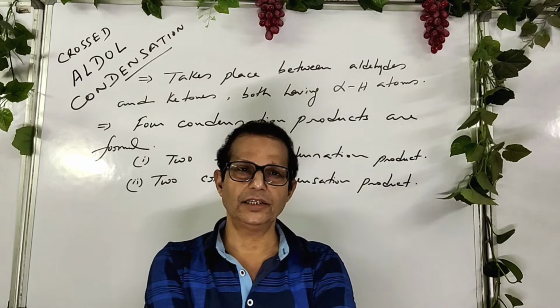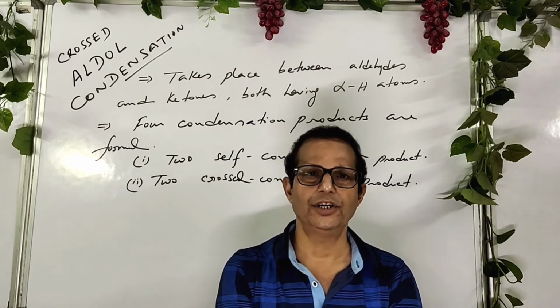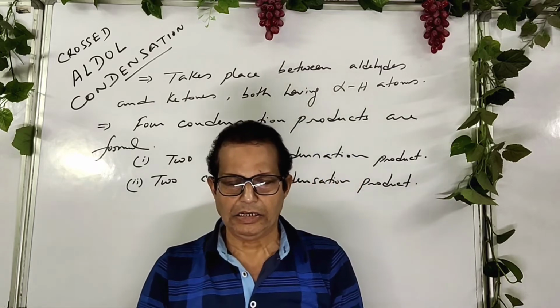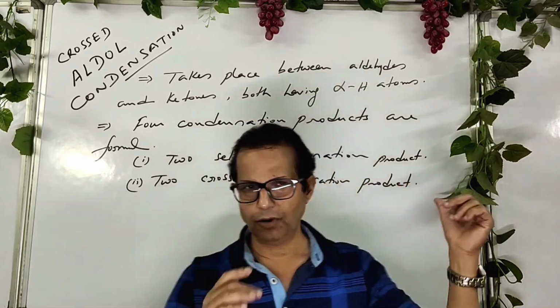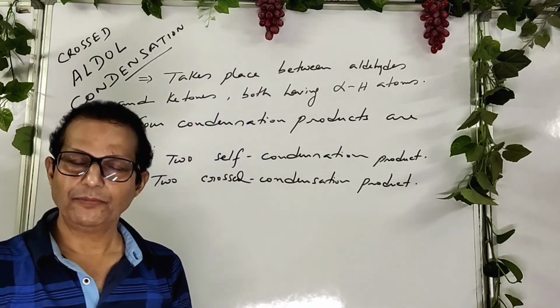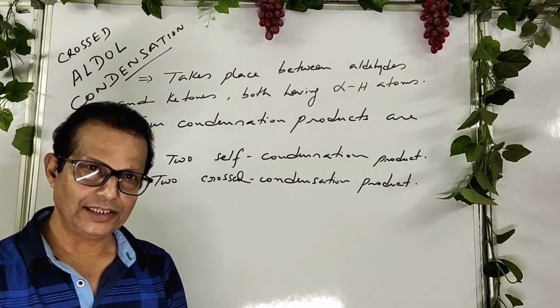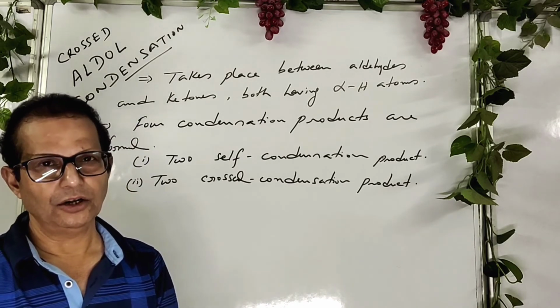You know that both acetaldehyde and acetone contain alpha hydrogen atoms. So what is the technique? You get 4 different types of products. I have already written on board. 2 by self condensation, which you have done earlier during aldol condensation, and 2 crossed aldol condensation.